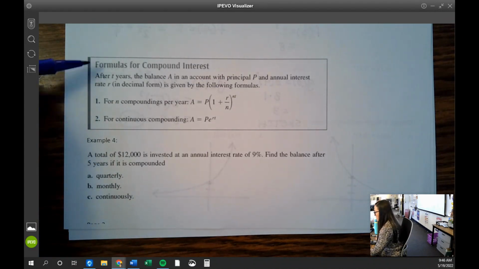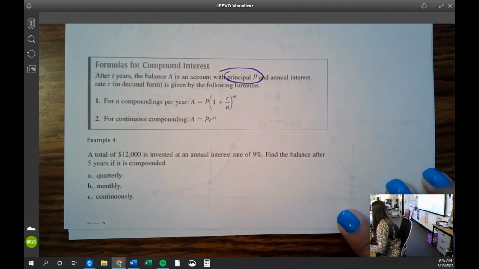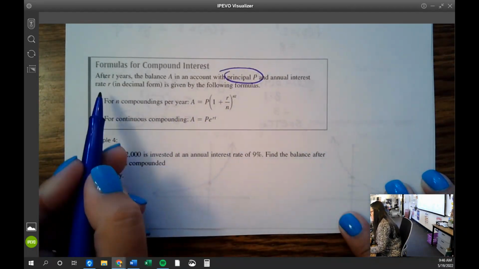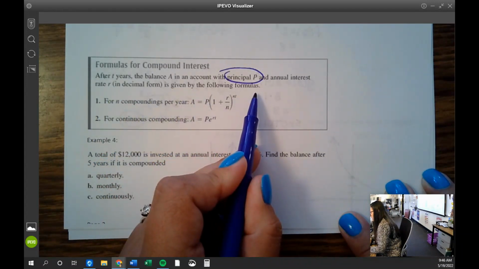So these are just formulas here. After T years, the balance A in an account with principal P, principal is like how much you initially put in the account, okay, and annual interest rate R in decimal form is given by the following formula.